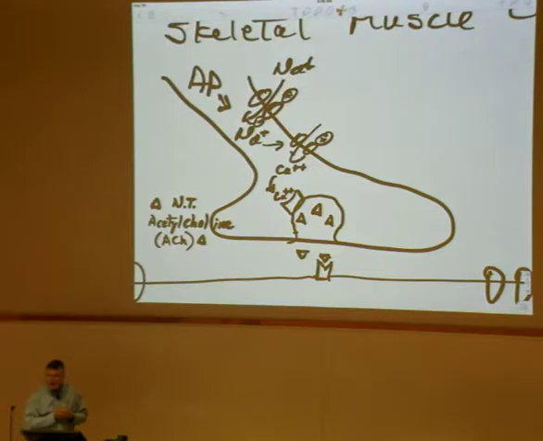And what would you guess? Is this likely to be a metabotropic or an ionotropic receptor? Okay. Do you care about speed? Okay, absolutely. So, ionotropic receptor. So, the acetylcholine receptor is an ion channel.